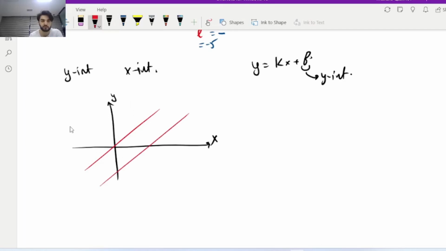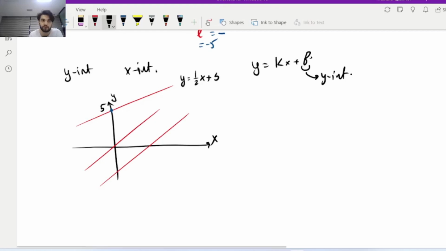Okay, let's draw 3 lines. For the first line, this point is the y-intercept of this line. For example, let's say the slope of this line is 1/2 x plus, let's say here is 5, so it will be equal to 5.